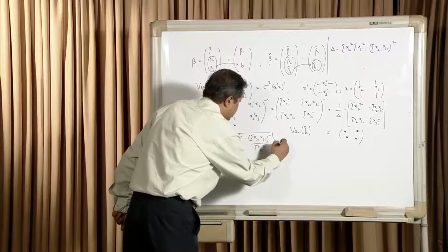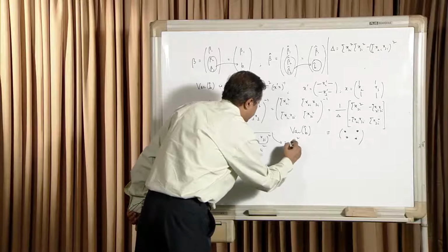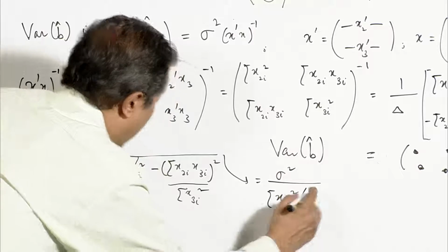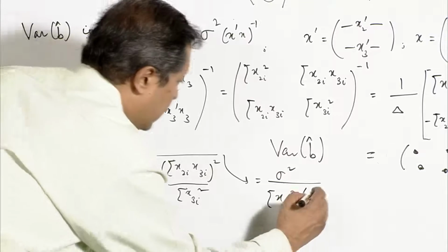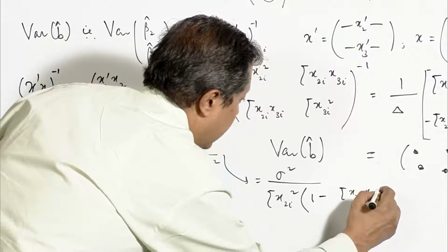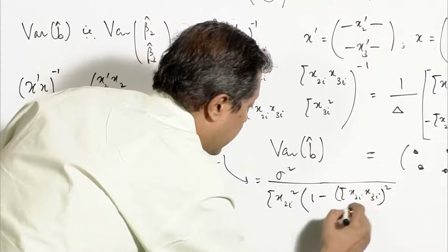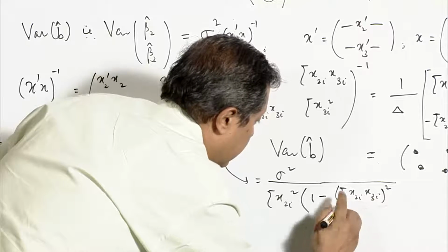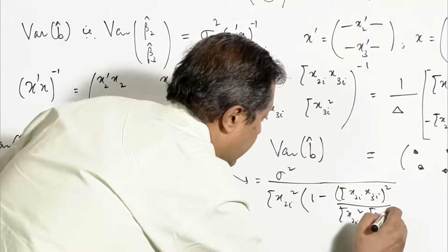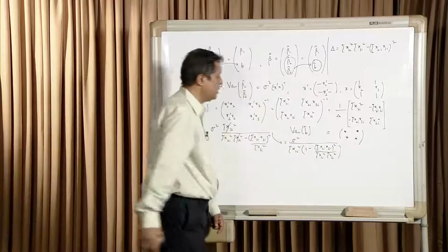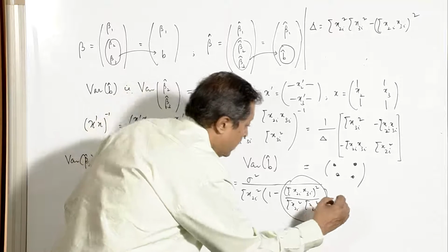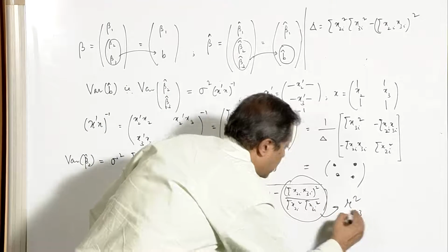So, that will give us sigma square divided by summation x2i square into 1, take out x2i square, you get 1 minus summation x2i x3i whole square divided by summation x2i square and summation x3i square.